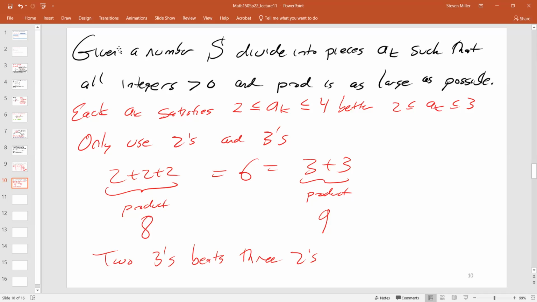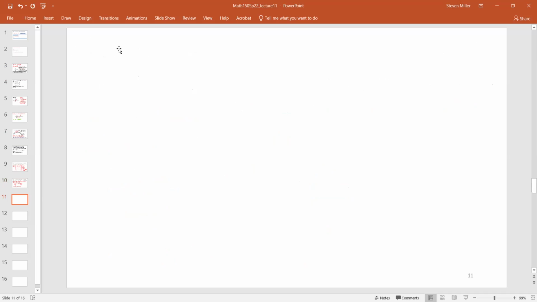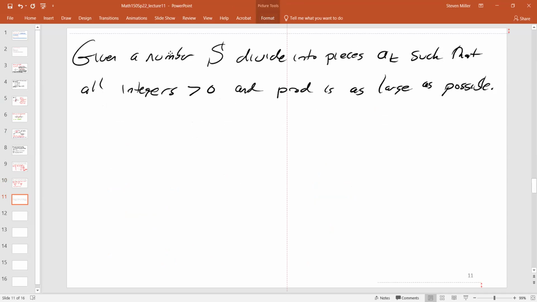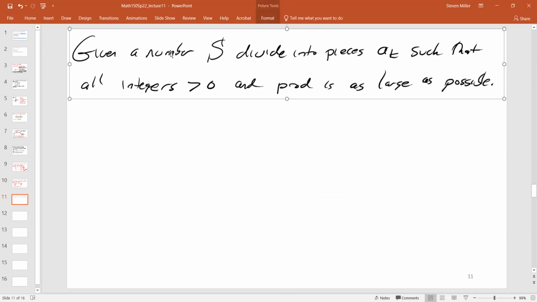What is E closer to? 3. Do you think that means something, or am I just throwing out a random coincidence? Earlier today we were talking about necessary versus sufficient. Is this related to the value of E? Let's find out.